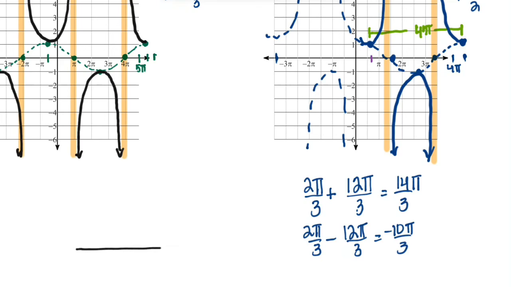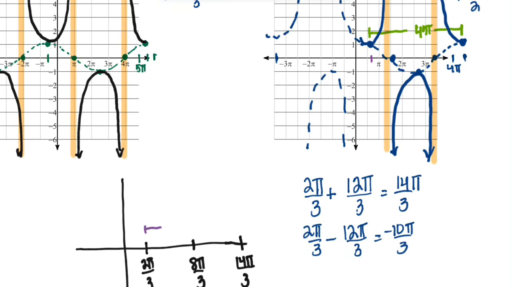So if I were graphing number 8 from scratch, I would do something like this. I would say this is 2 pi over 3, and then 4 pi later, I would have 14 pi over 3. And somewhere in the middle, I would have 8 pi over 3. And how I got 8 pi over 3 is that the distance from here to here is 12 pi over 3, which is 4 pi.